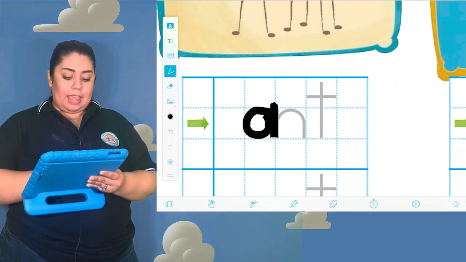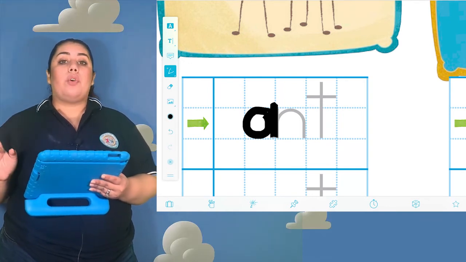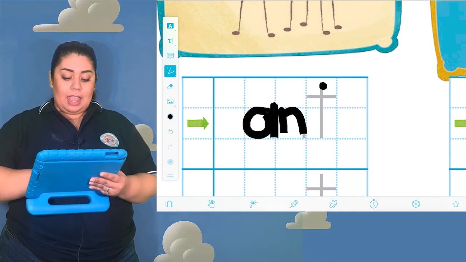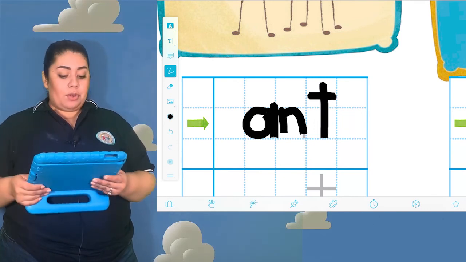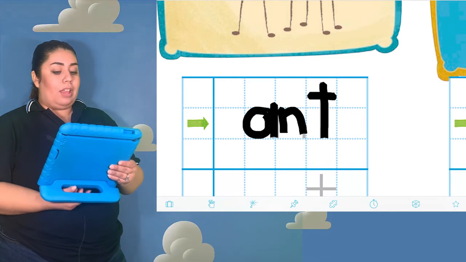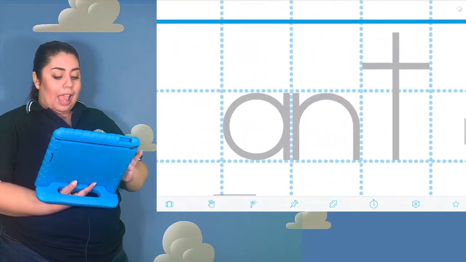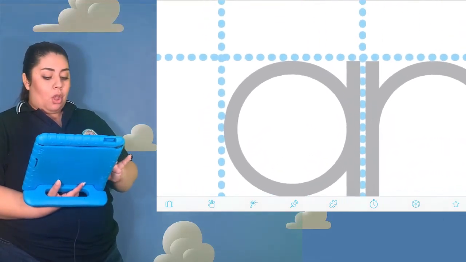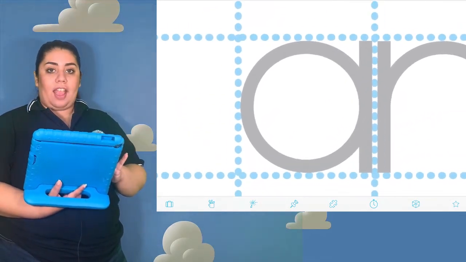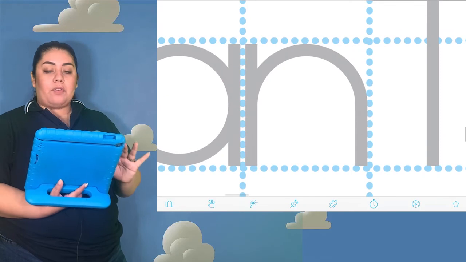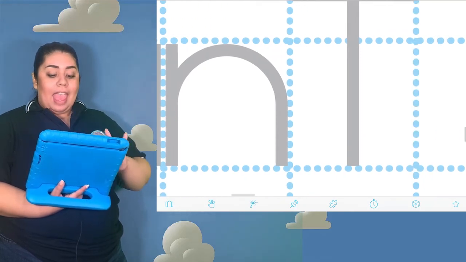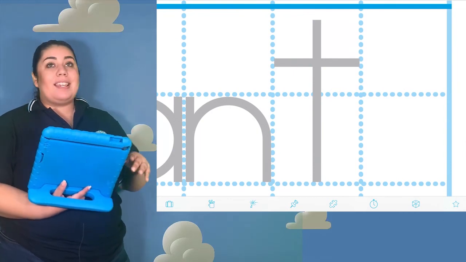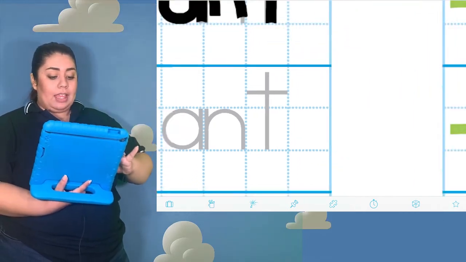Circle A. Okay, now we are going to follow with the next letter. N, T. It is very important, same with the capital A, to see how many squares I am going to use for each letter. 1 square for the letter A, 1 square for the letter N, and 2 squares for the letter T because it's bigger, okay?